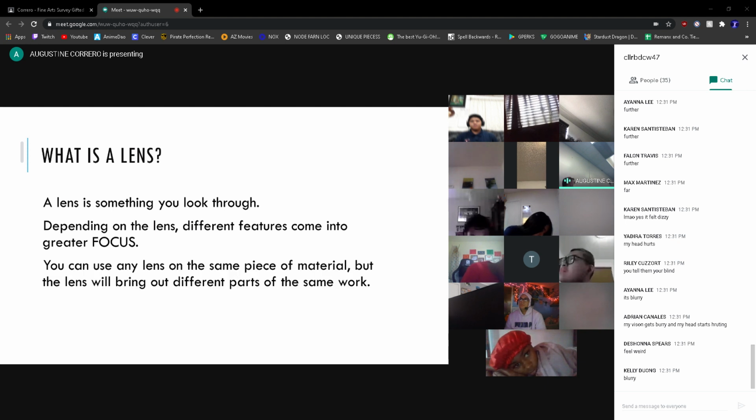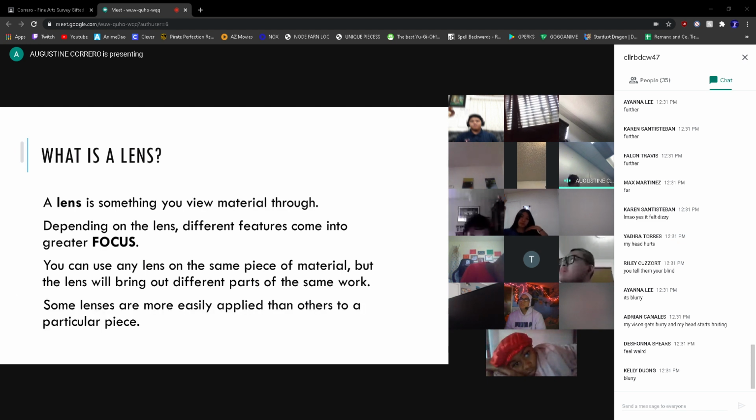Now, you can use any lens on the same piece of material, but the lens will bring out different parts of the material. With that being said, some lenses are more easily applied to a particular piece. So thinking about using a magnifying glass. If you use a magnifying glass, it's going to make dirt look bigger.